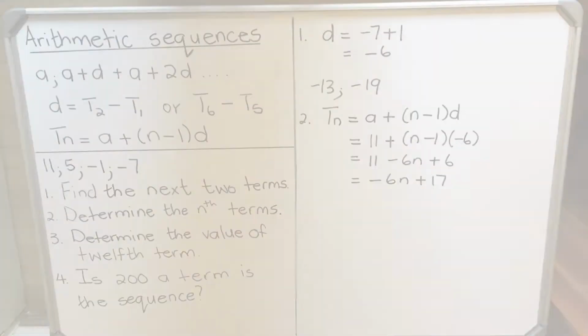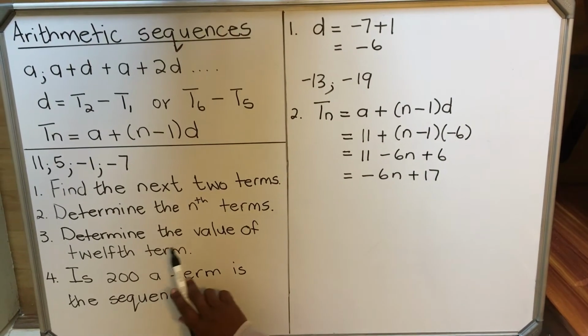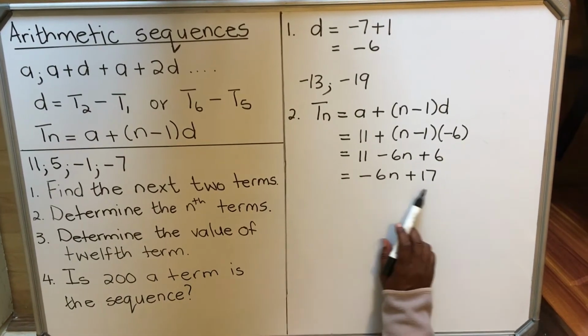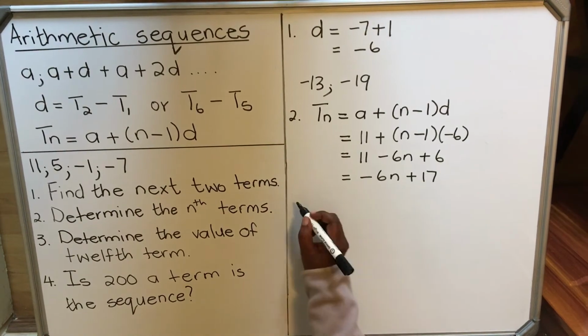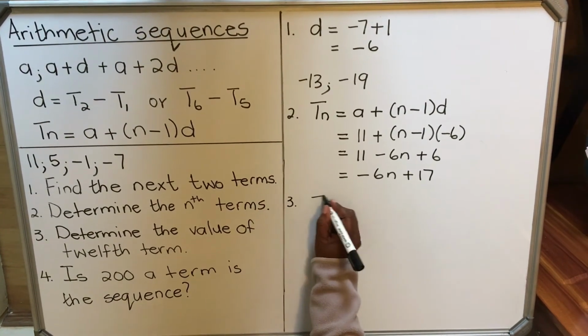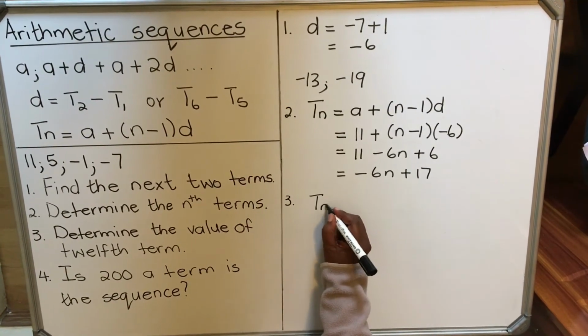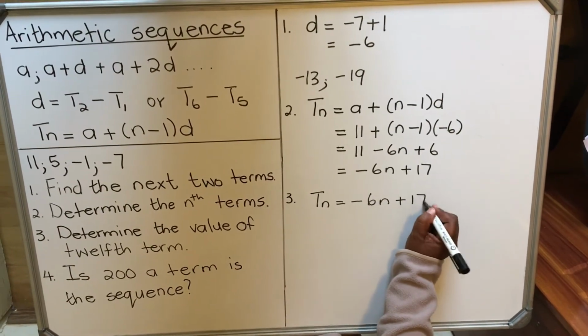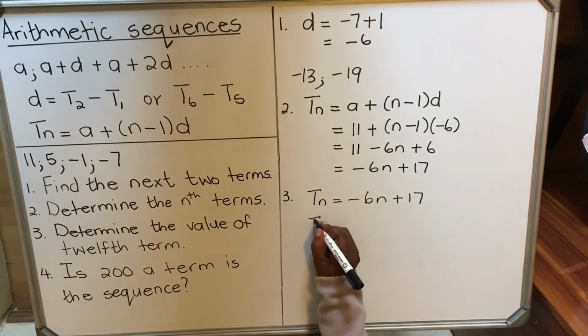Let's look at the next question. The third question says, determine the value of the 12th term. Because my formula is correct, I can easily write the formula: Tn is equal to. You don't get marks for writing this. And then you substitute.